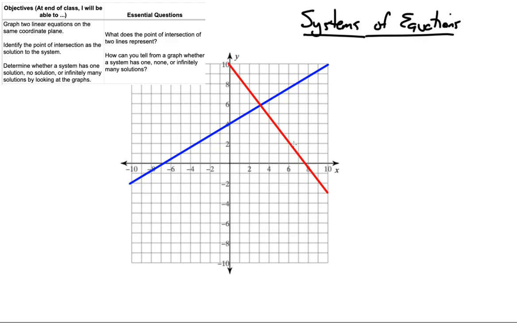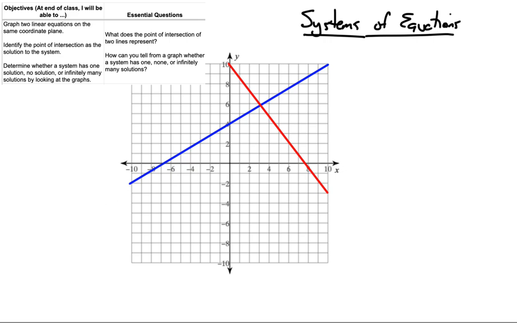There's an infinite number of them in this red line. And this blue line represents an infinite number of possibilities for the blue equation. Not only 10, 10, but looks like down here at 0, 4, or down here at negative 7, 0. Those are all other possibilities for the blue line.